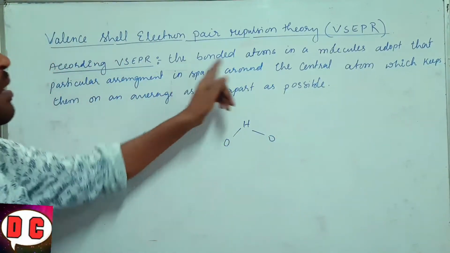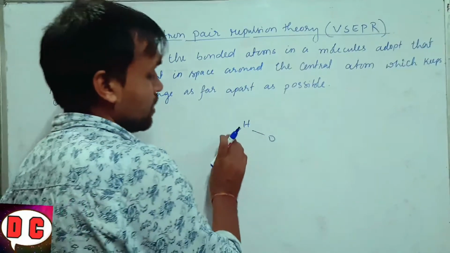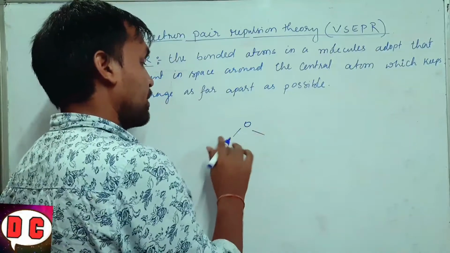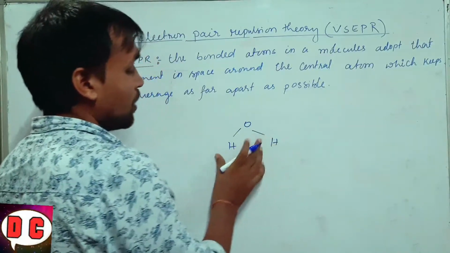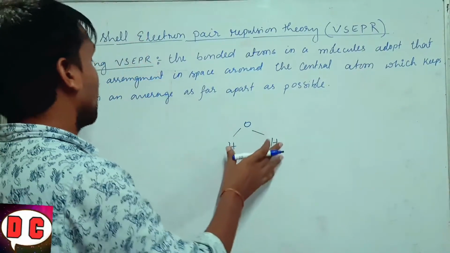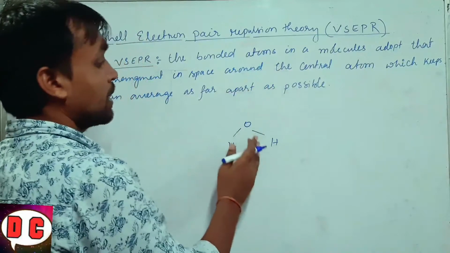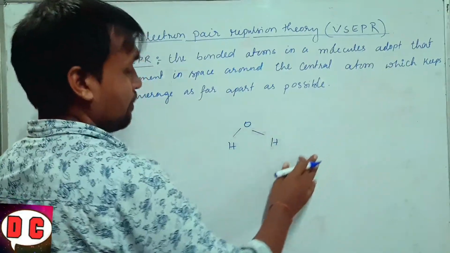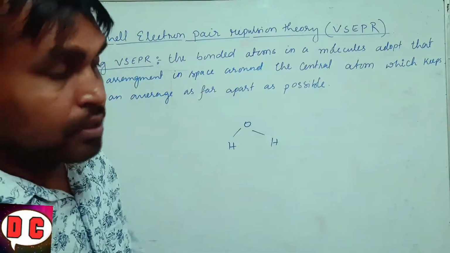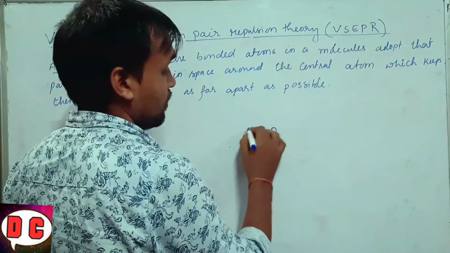So the bonded atoms in a molecule adopt that arrangement in space around the central atom in which they are far away from each other. They prefer to remain in structures in which they are far away from each other. So the best structure for them is this one.